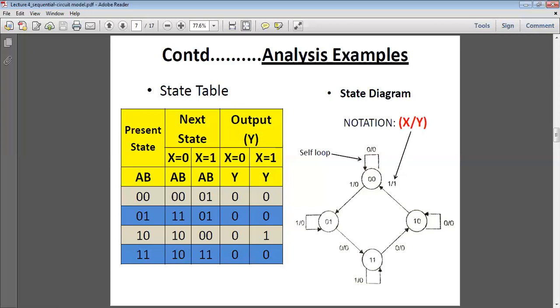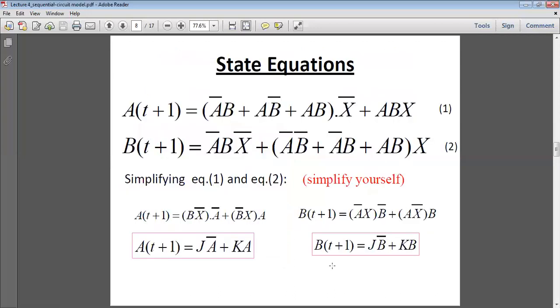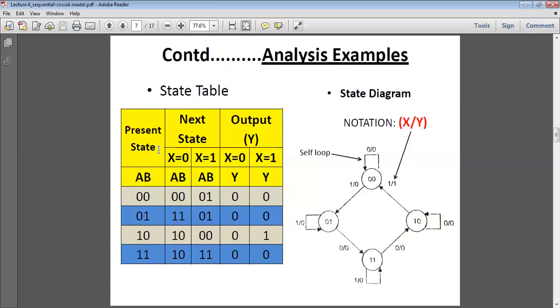Now from the state table as well as from the state diagram, we can find out the state equation. So state equation: A(t+1) is the next state of the first flip-flop, and B(t+1) is the next state of the second flip-flop. When x is equal to 0, A is 1 in the cases where present state AB is 0, 1 and 1, 0, 1, 1.